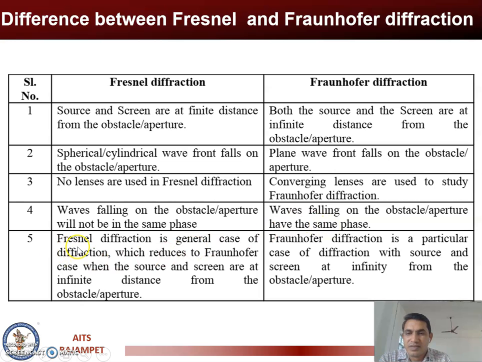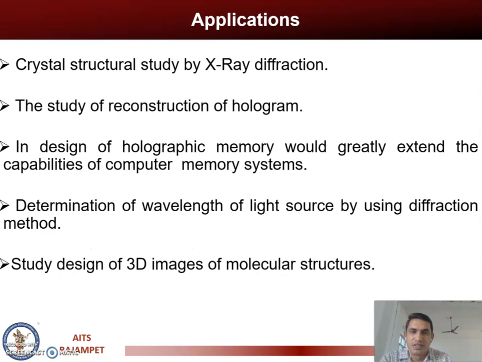Fifth difference is that Fresnel diffraction is a general case of diffraction which reduces to the Fraunhofer case when the source and the screen are at infinite distance from the obstacle or aperture, and Fraunhofer diffraction is the particular case of diffraction with the source and screen at infinite distance from the obstacle or aperture.